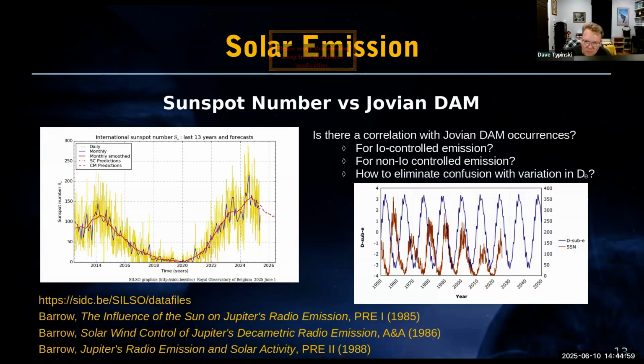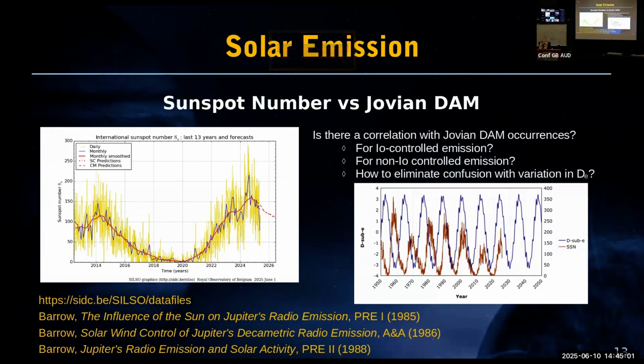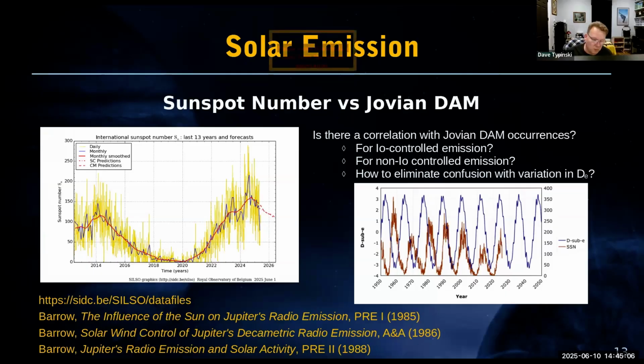Well, is it? If you look at the graph on the right, back in the late 50s, early 60s, when Jupiter was just being discovered, they had great conditions. They had high Jovian D sub E. What is D sub E? I can't remember right now.